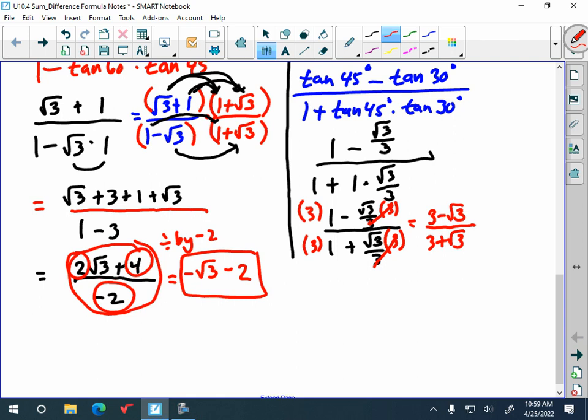That's the conjugate of 3 plus radical 3. There's a minus sign in there.